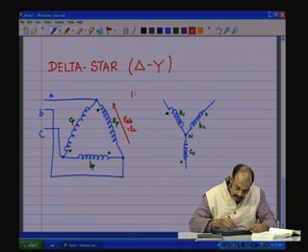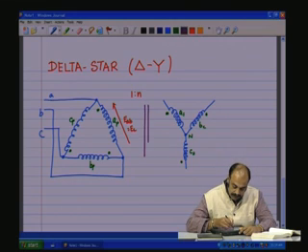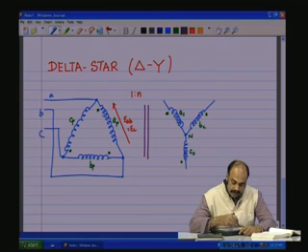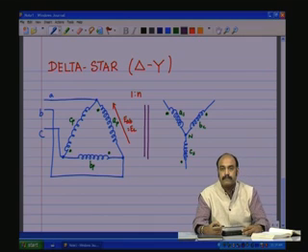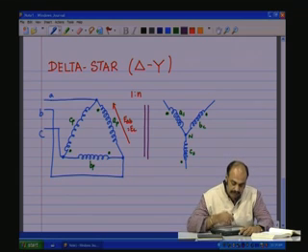So, in the delta-star connection, when there is an indication of turns ratio for the 3-phase transformer, we say that the primary side phase coil to the secondary side phase coil, or the secondary side phase coil to the primary side phase coil, whichever is applicable, would be the scaling factor that you have to use for the voltages.